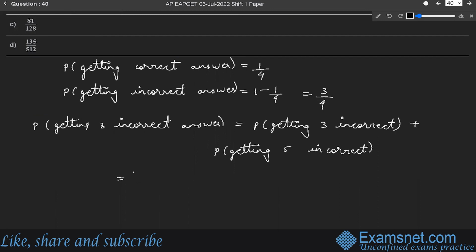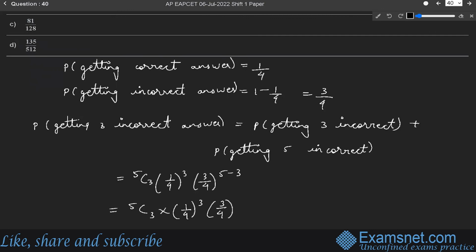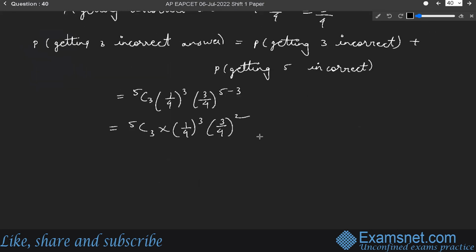So it will be 5C3 into (1/4)^3 into (3/4)^(5−3), which equals 5C3 into (1/4)^3 into (3/4)^2.